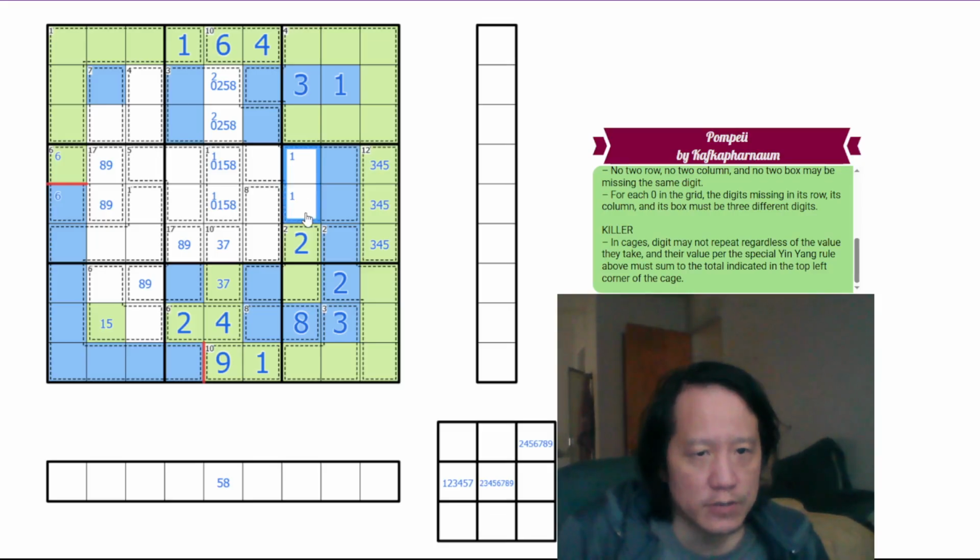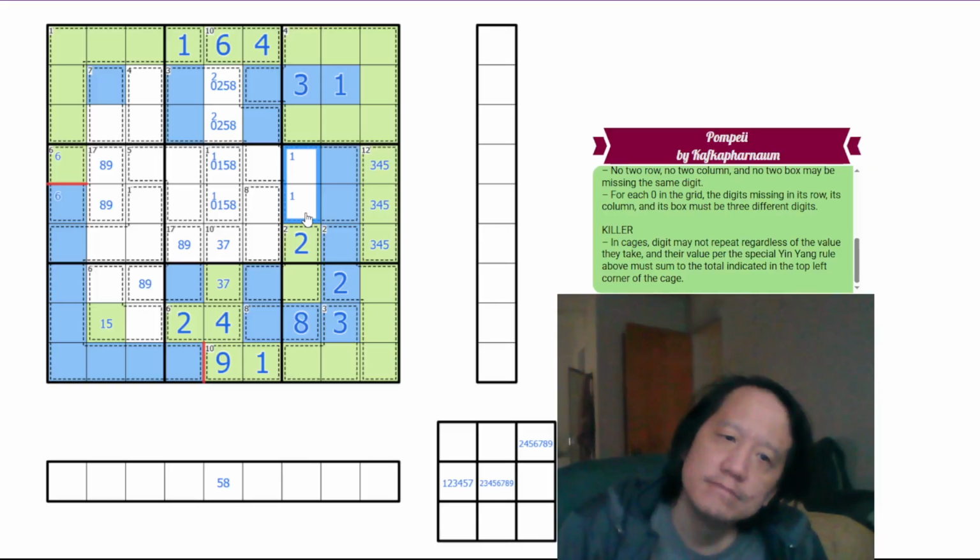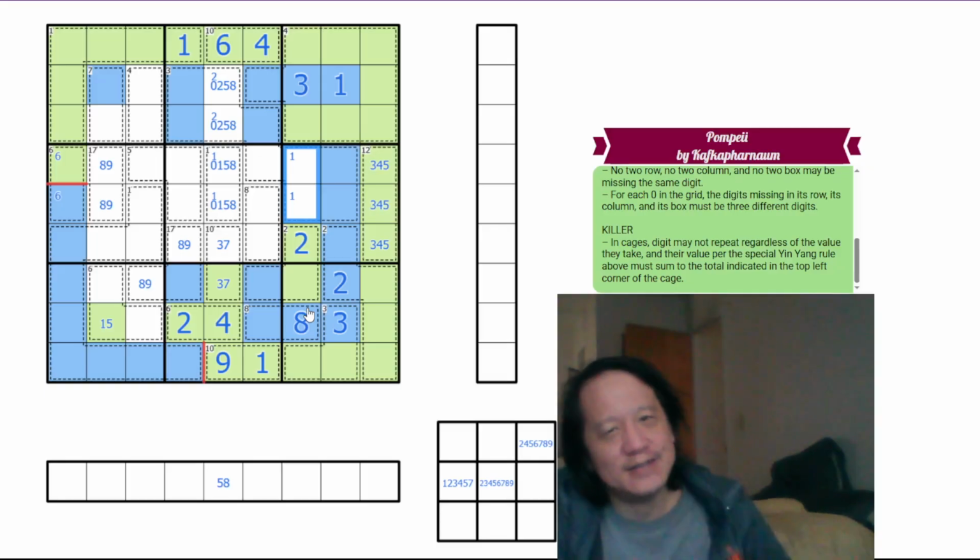One is here. This is looking like a valid example.